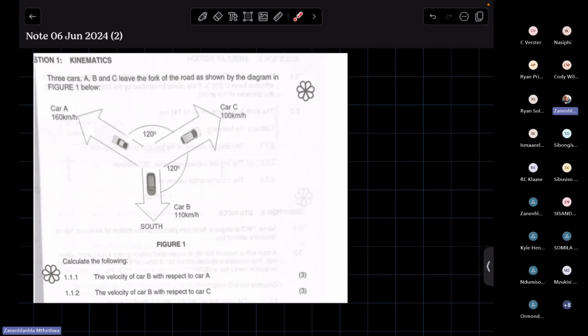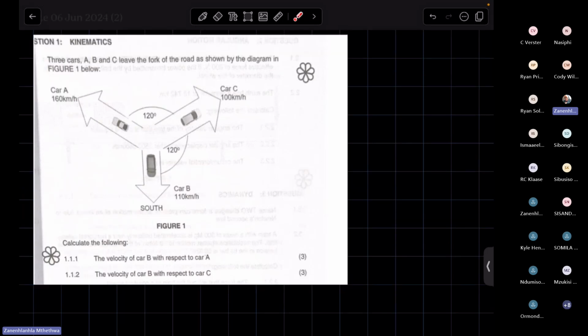Now, regarding relative velocity, the way we are going to express relative velocity on the Cartesian plane is by doing this, right? The velocity of the object that we take as our object, on the Cartesian plane, you are going to draw it in a direction that is the same as the one you've been given, right?